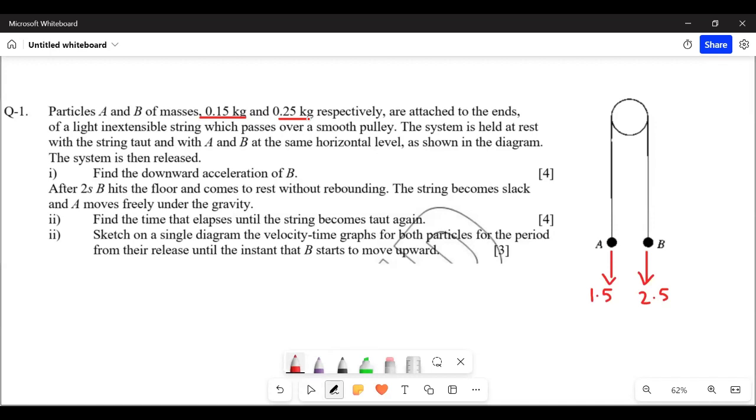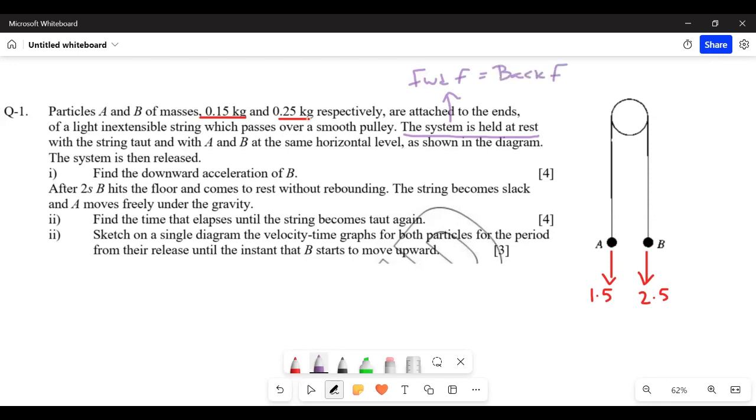The system is held at rest, which means there's no acceleration, which means forward force equals backward force. With the string taut, that means completely stretched, and with A and B at the same horizontal level, as we can see in the figure, the system is then released.